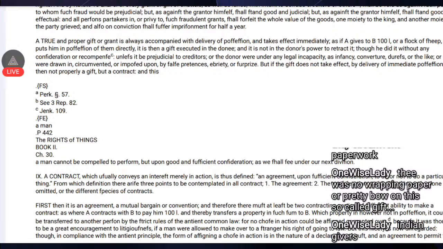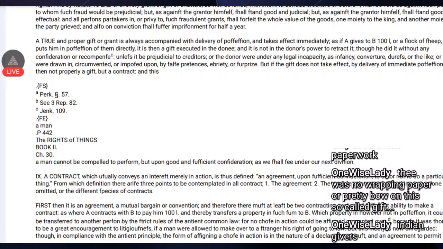A true and proper gift or grant is always accompanied with delivery of possession, and takes effect immediately, as if A gives to B 100 L or a flock of sheep, and puts him out of possession of them directly.